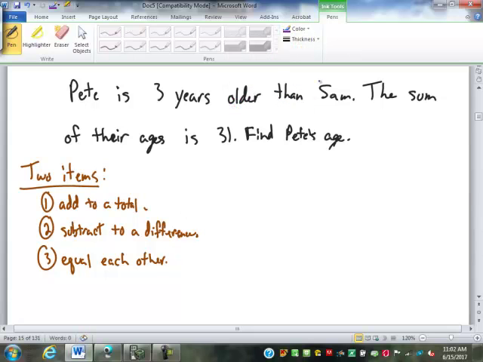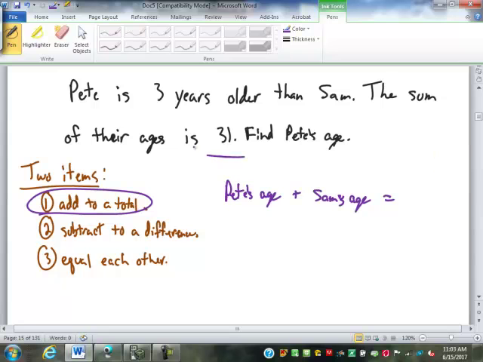Here we have 2 items that add to make a total. We have Pete's age plus Sam's age. Adds up to give us what? 31. Pete's age plus Sam's age equals 31.